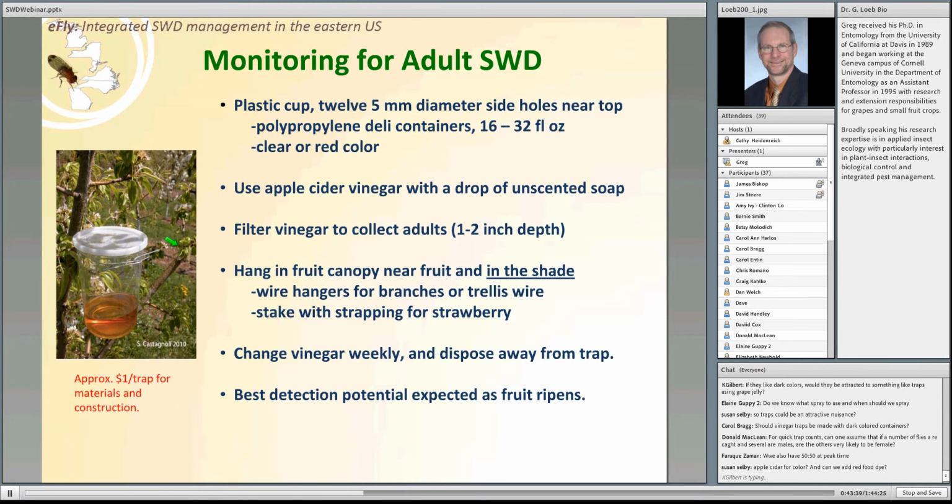For something like strawberries, we work with a stake of some sort and have some strapping around that stake to put the trap closer to the canopy of the strawberries, near where the fruit is. I think that's a better place in terms of attracting the flies.